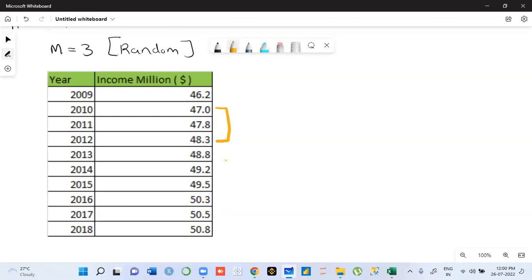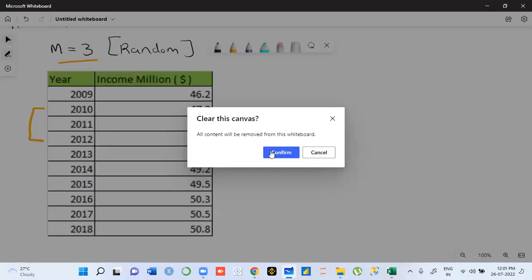You get the answer 47. Second, third. Now, if you see on screen, we take the average of three numbers. I just move one step downwards and take the average of these three. So how many rows are we taking at a time? That is the value of M. A stands for average. So we're taking the average of three rows, simply moving one by one. That concept is called simple moving average.